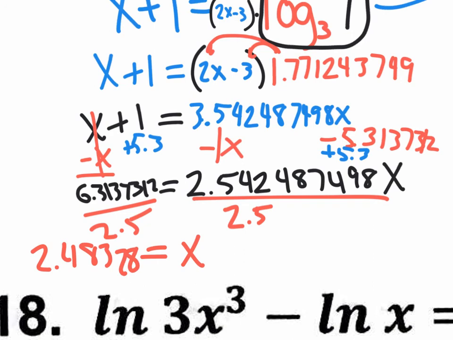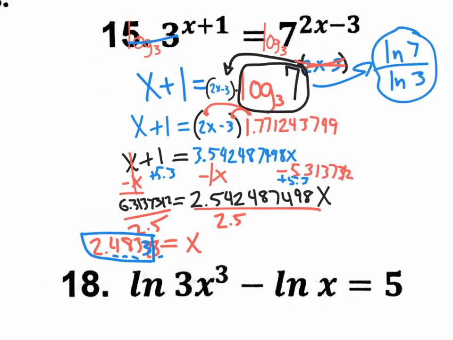Technically, on this section, they want 4 decimal places. So 1, 2, 3, 4. That 2 should be a 3 because the 8 changes the 2 to a 3. So this is your answer right here: 2.4833. So I do apologize. That one's a horrible problem. Hopefully it's nicer on the test.